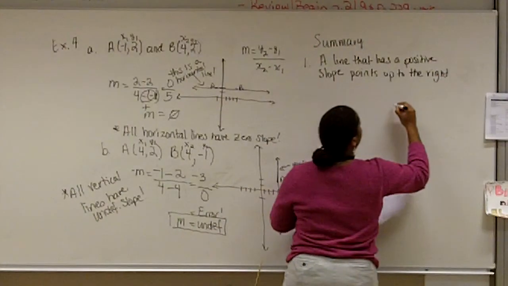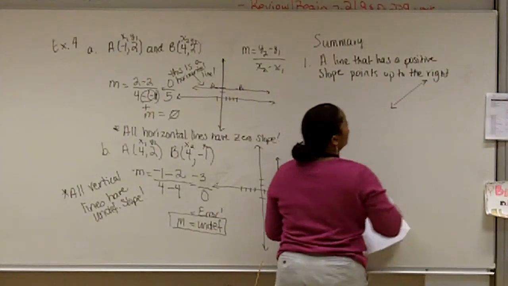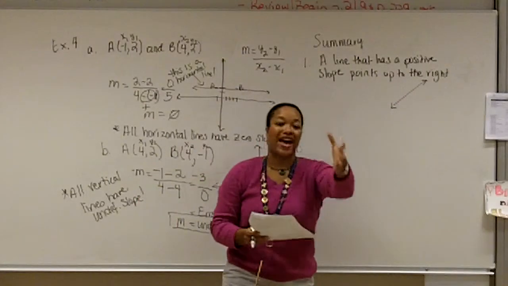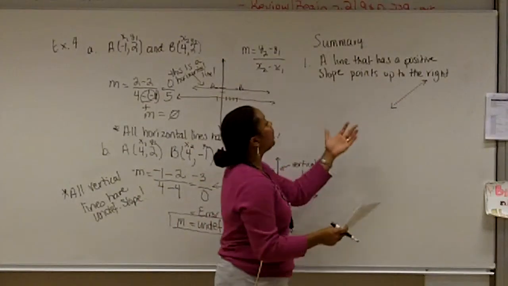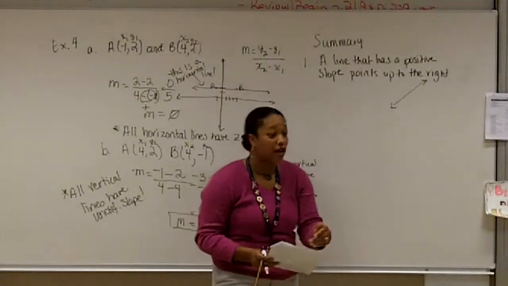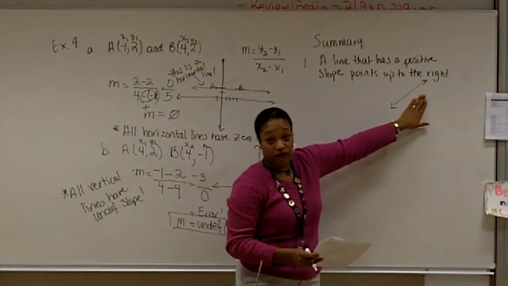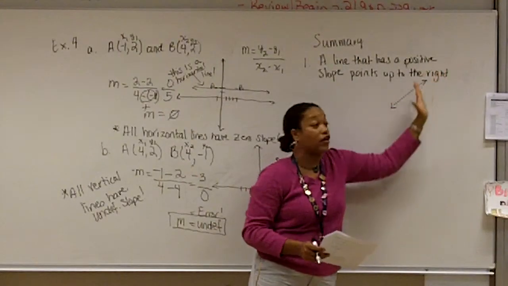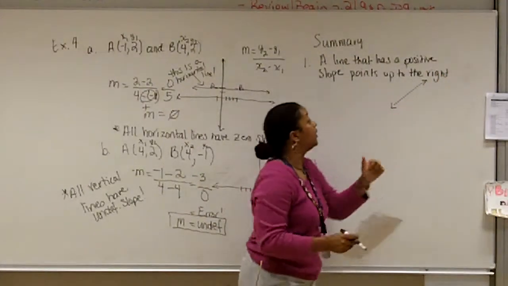So in other words, it's going to be going in this direction on your paper. Okay? It doesn't matter what the actual ratio is. If that ratio is a positive number, your line is going to be going in the upward right-hand corner. It's going to be pointing that way.